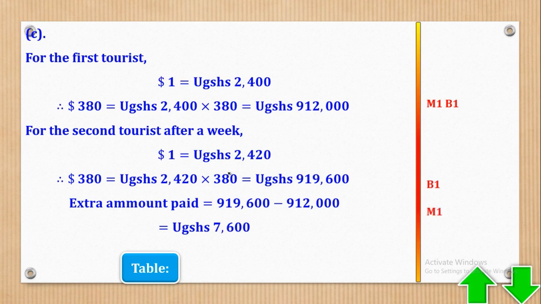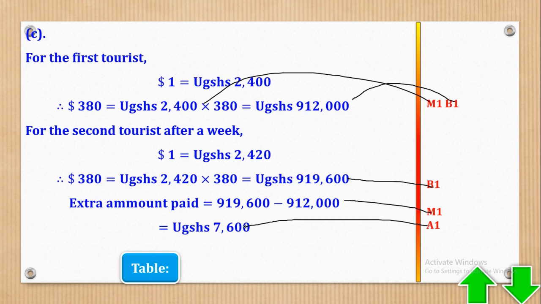So that was part C. Let's see how marks can be awarded. So M1 for this multiplication, B1 for this output, B1 for this, M1 for subtraction, and A1 for the output.